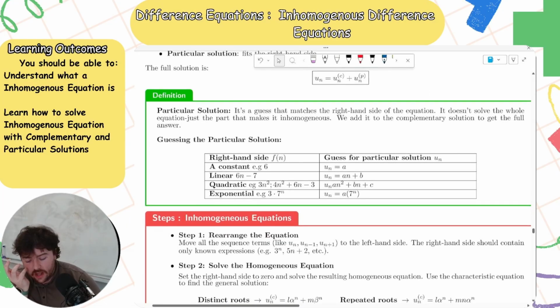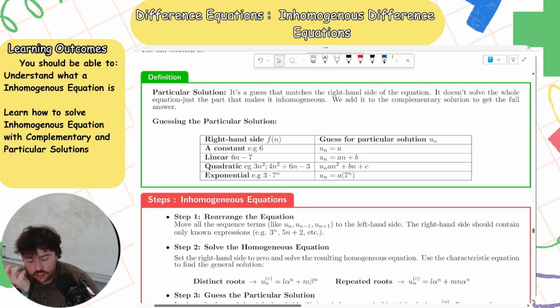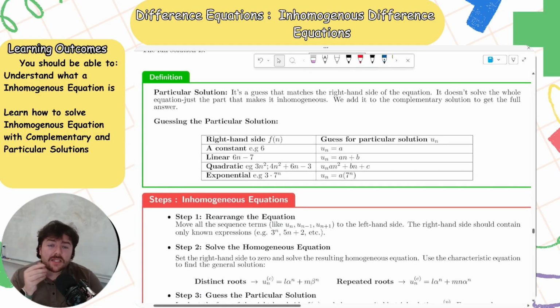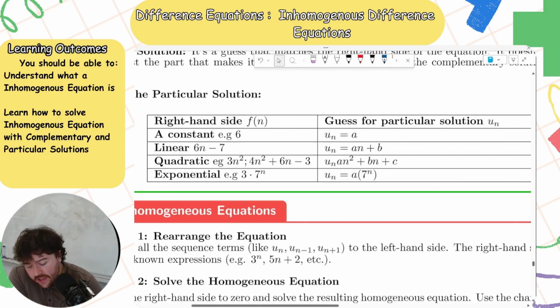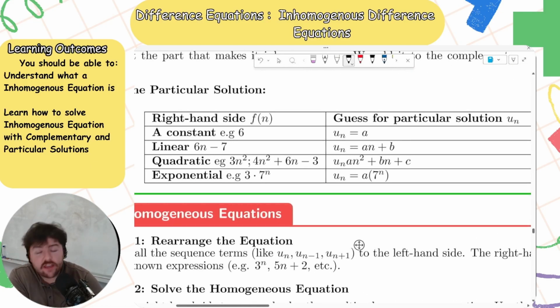So before we do that, we need to know what a particular solution is. A particular solution is just a guess that matches the right-hand side of our equation. So it doesn't solve the whole equation, it just solves the part that makes it inhomogeneous. So we add it to the complementary solution to get the full answer. If my right-hand side is just a constant term, we let u_n equal a.